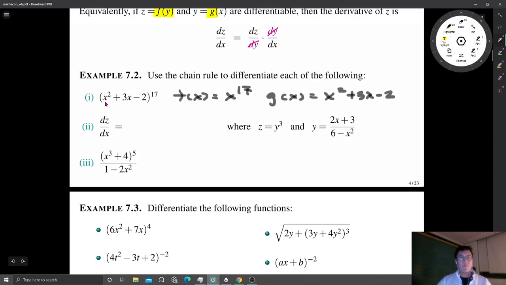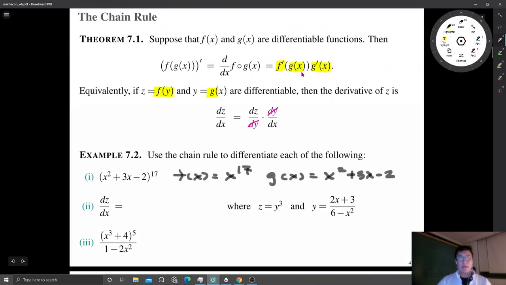So the way to find the derivative is by the chain rule. We first take the derivative of the outer function, so the 17 power comes up front, and we take 1 away from the power, so 17 becomes 16. And then we leave the inside function alone, so we just plug in g of x in the place of x: x squared plus 3x minus 2.